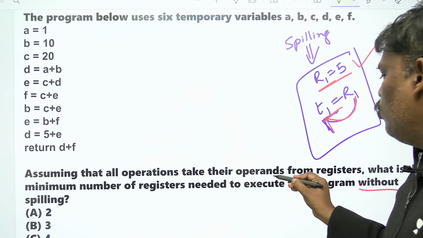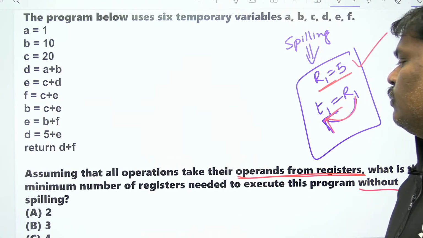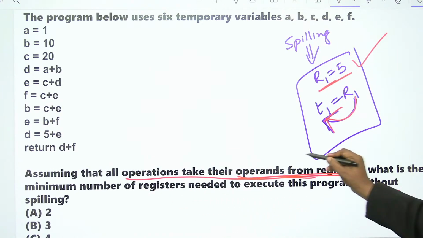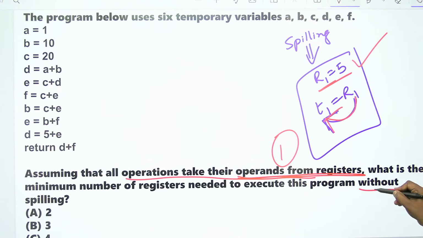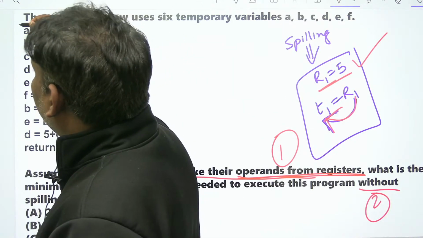And one more, to do any operation, the operand should be there in the register. Two conditions. The first condition is that, and the second one is without spilling. So how many minimum registers? Very simple, listen. It is R1.